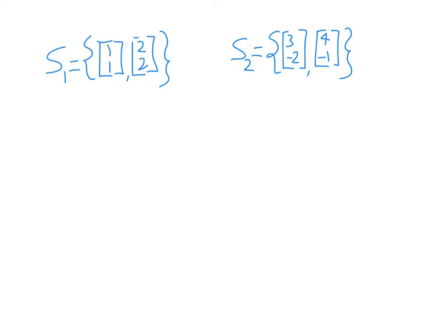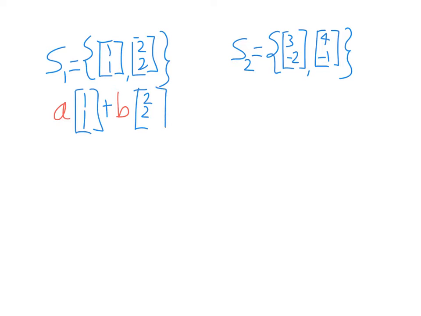So we're going to investigate the concepts on the previous slide by looking at these two sets here, each of which contains two vectors. Let's look at the first set, S1, containing the vectors (1, 1) and (2, 2). Any linear combination of these two vectors will have the form some scalar a times the first vector plus a scalar b times the second, right?